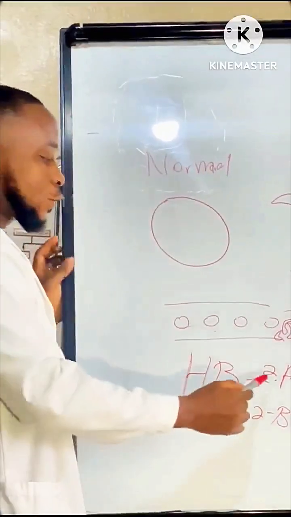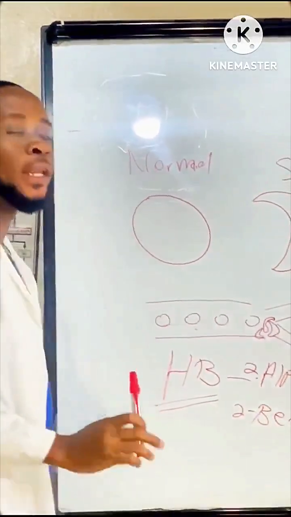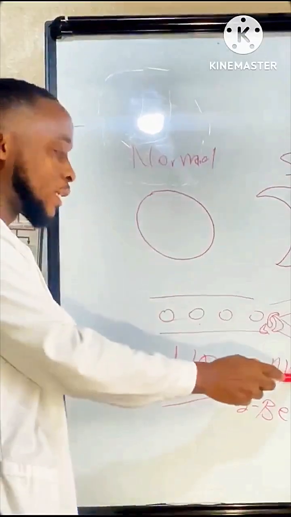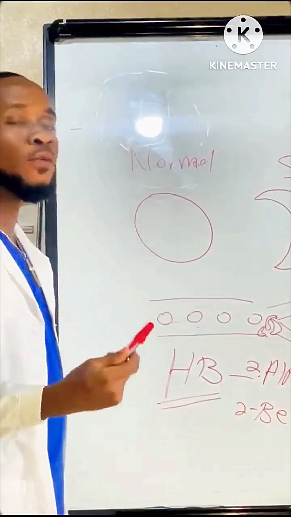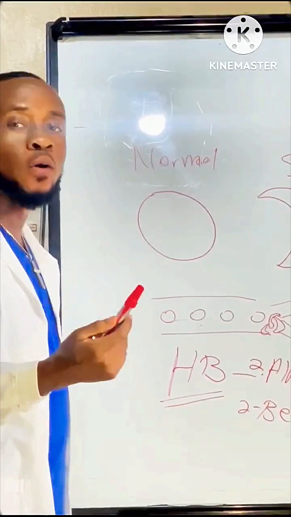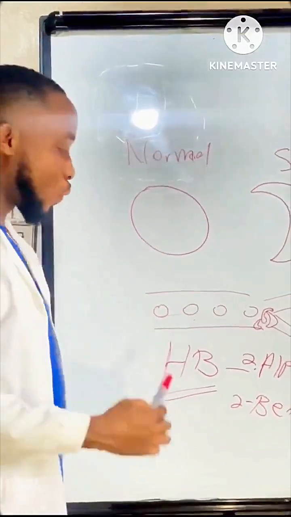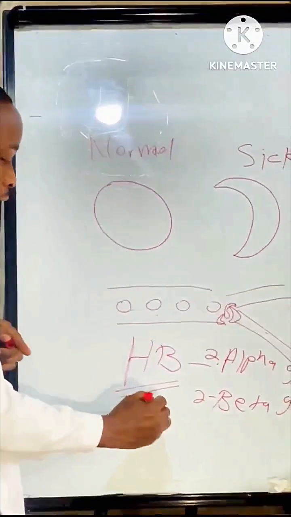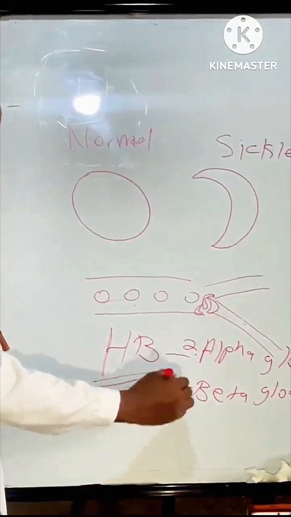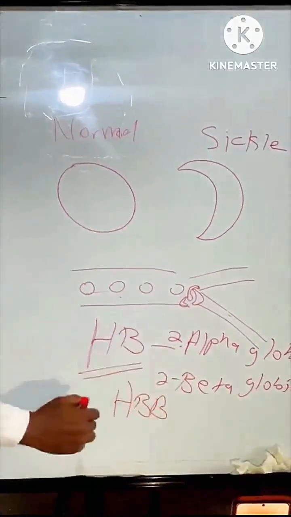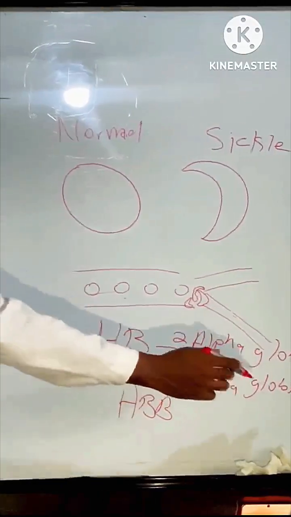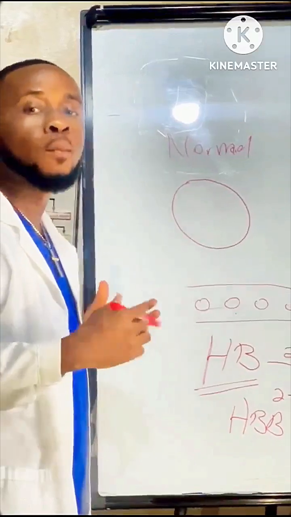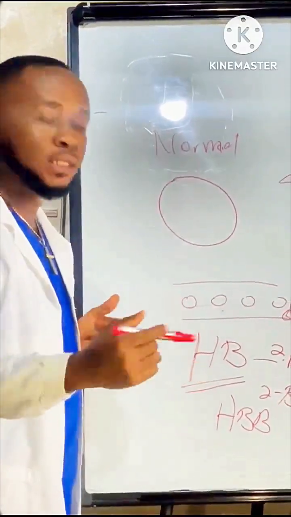So with these 2 alpha globin, any form of dysfunction or abnormal production of the alpha globin can give rise to another form of anemia called thalassemia. But how does sickle cell anemia happen? The hemoglobin beta is supposed to produce a beta globin, but sometimes an error can occur, which we call a mutation in genetics.